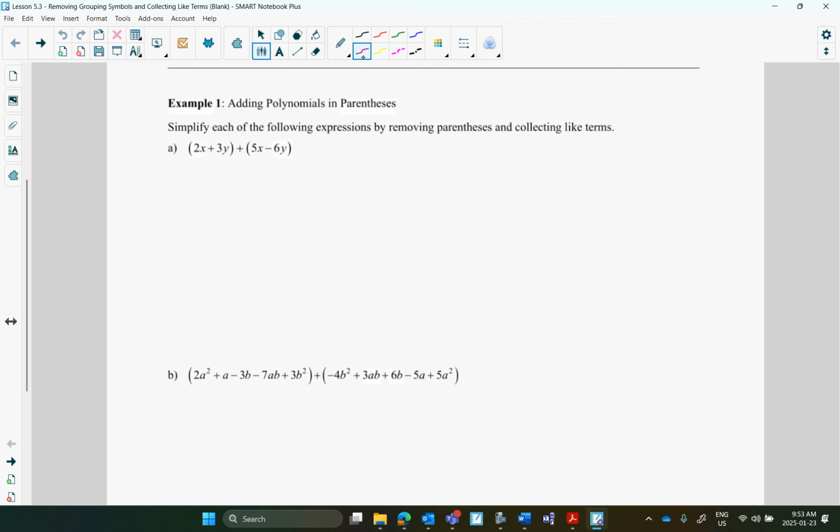We cannot collect like terms yet until we get rid of the parentheses. What sign is in front of here? We just don't write it. Yeah, plus. So to remove the parentheses, here's what you do. I'm just going to rewrite this.